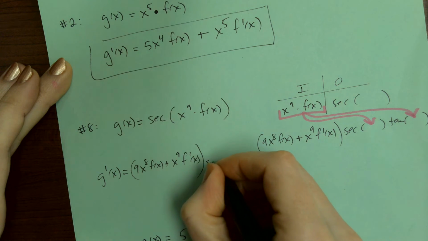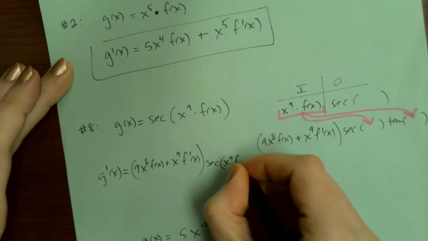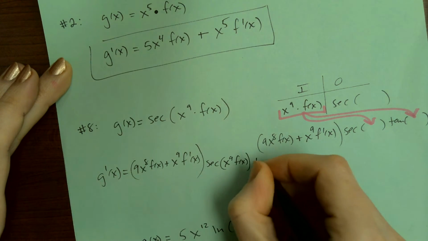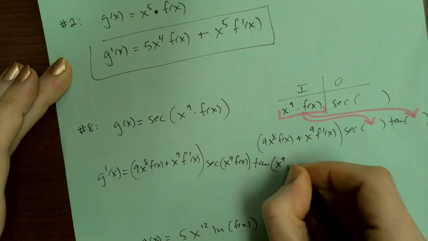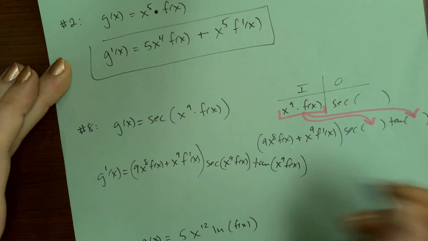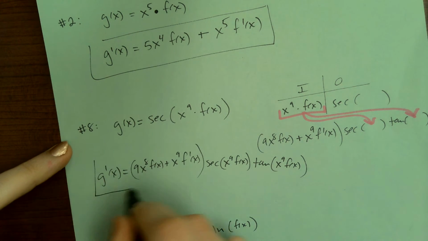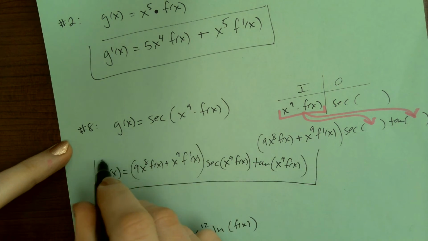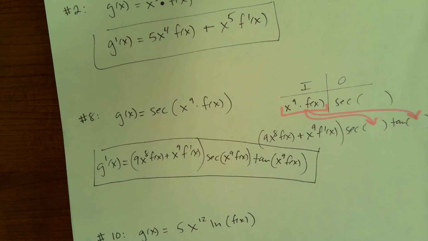And then this is times secant of x to the 9th f of x tangent of x to the 9th f of x. That doesn't look great. Okay, so there's that.